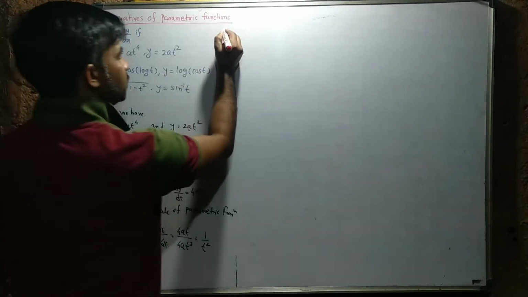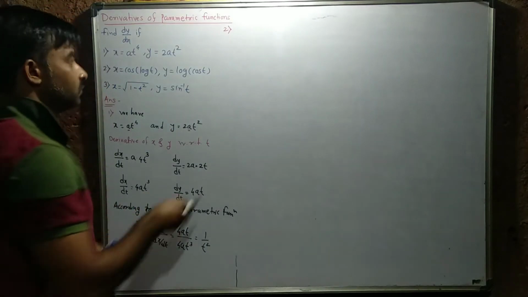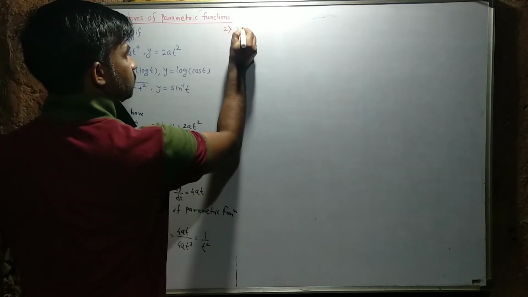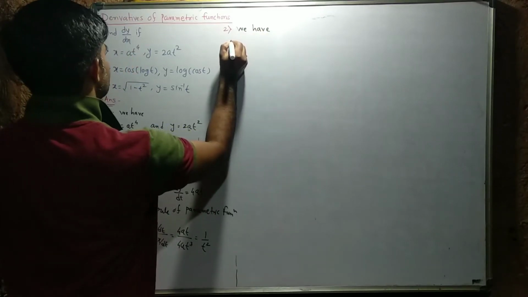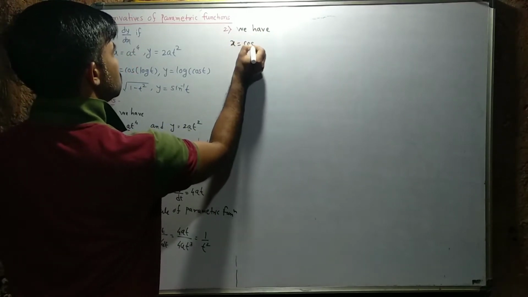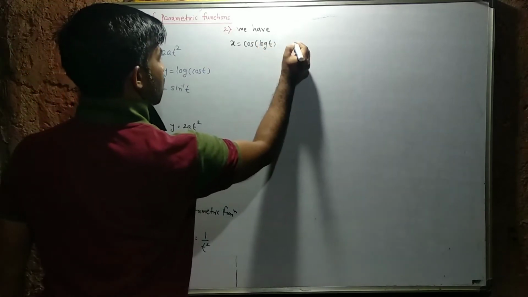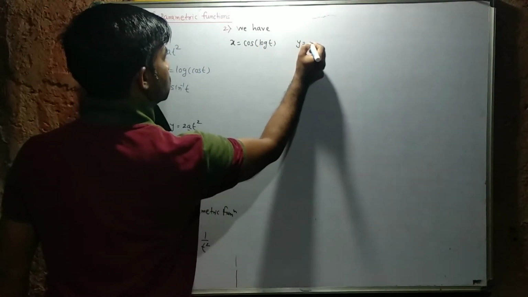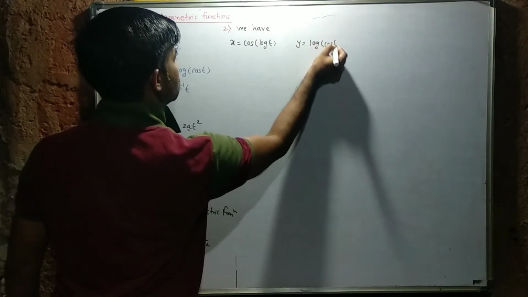For the second we have x is equal to cos log t and y is equal to log cos t.